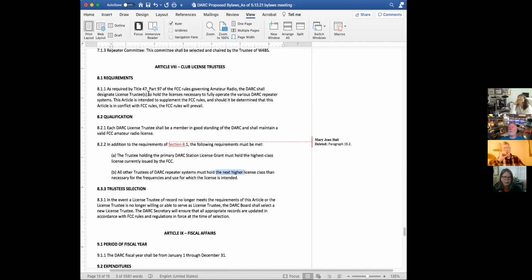The only thing might be, say a trustee had to take a leave of absence for some reason, would somebody filling in for him be considered a second trustee? No, you have one trustee for a call sign and that's it. If he has to take a leave of absence, you change the trustee.